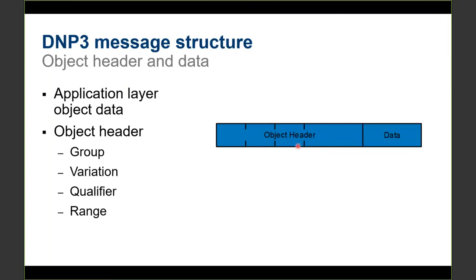But the standard also provides a way of asking for a default variation. The master station can send a poll for analog inputs, object 30, asking for variation 0. Variation 0 means the slave station is free to respond with the default variation. And that's why we have default variation settings on the relay for analog inputs and binary inputs.